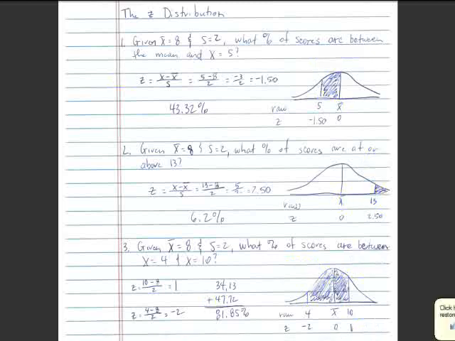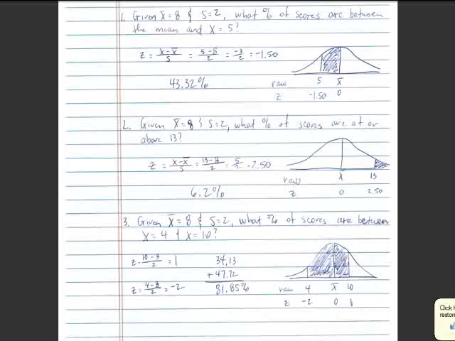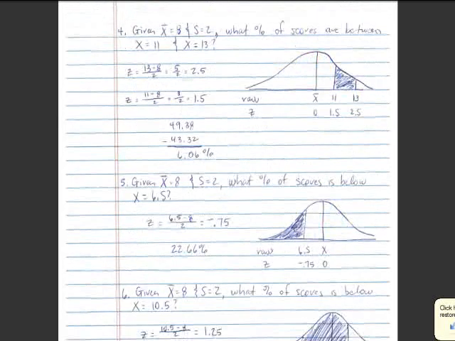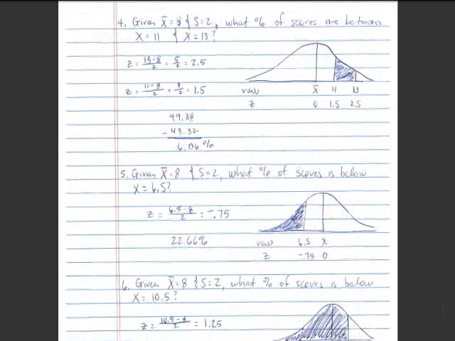All right, so let's move on to our next page and look at problem number 4. Same mean, same standard deviation. What percent of the scores are between x equals 11 and x equals 13? Again, we've identified a row for our raw scores and a row for our z-scores.